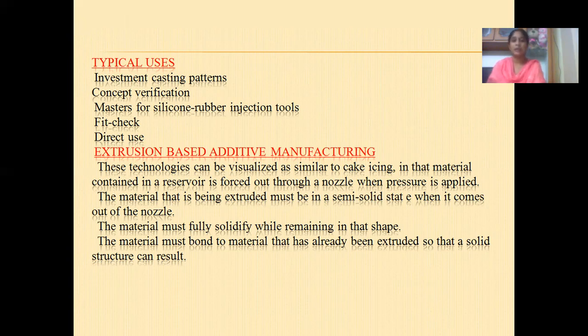The material contained in a reservoir is forced through a nozzle when pressure is applied. The material being extruded must be in a semi-solid state when it comes out of the nozzle. The material must fully solidify while remaining in that shape.